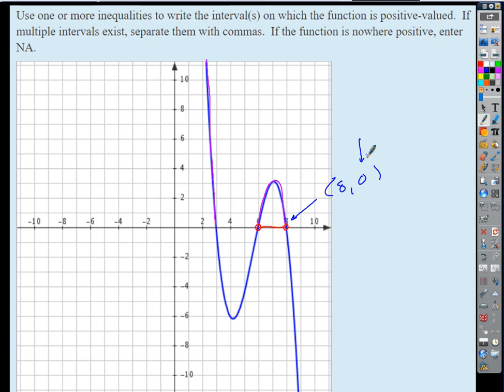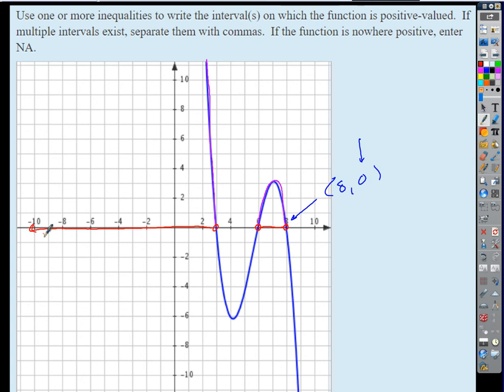No, it's neither, right? 0 is the boundary between positive numbers and negative numbers, but it is neither. So if we want to know where the function is positive valued, it's only positive valued on that open interval. We're not including the endpoints. So given that, what do you think we're going to have over here? Okay, good. Open endpoint, and then off to the left indefinitely, right?